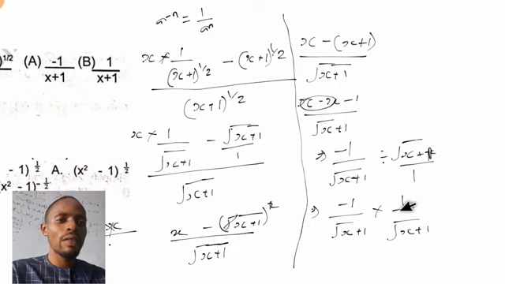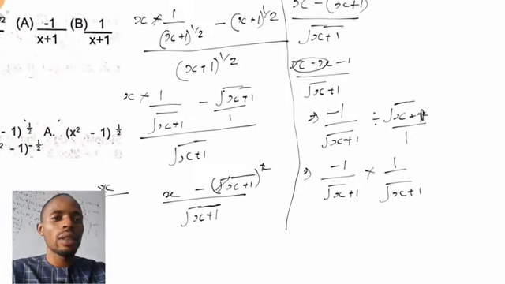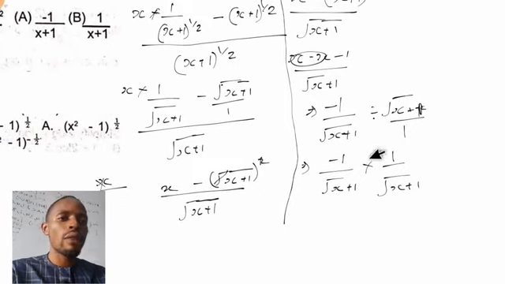Now let's apply the multiplication here. Minus 1 times 1 gives us minus 1.